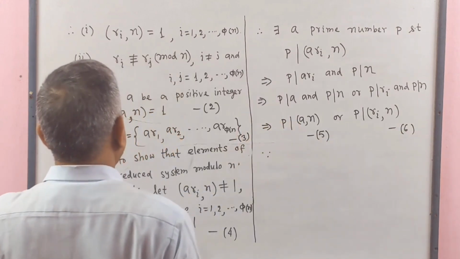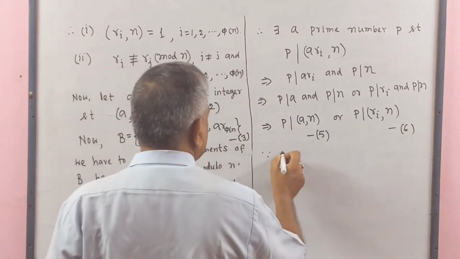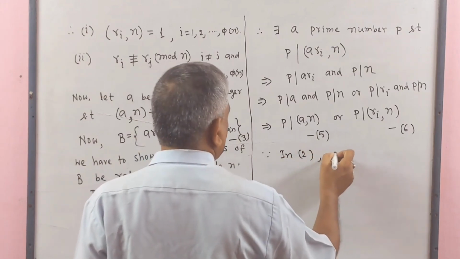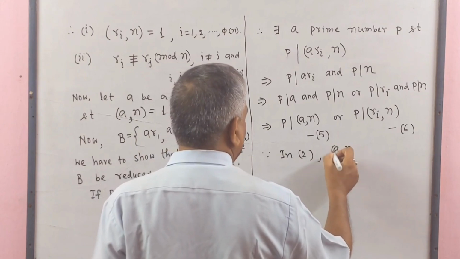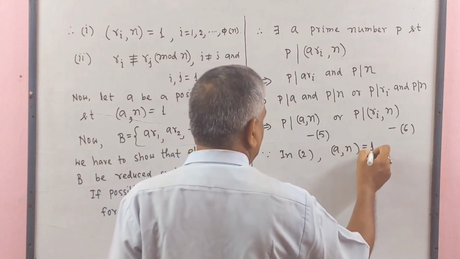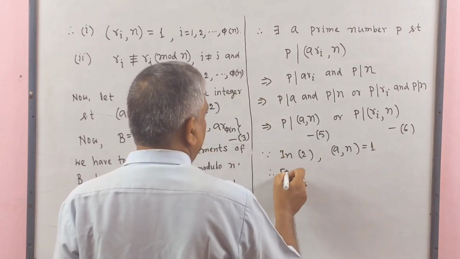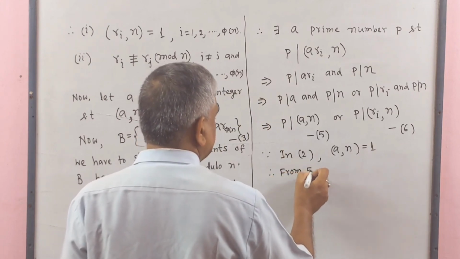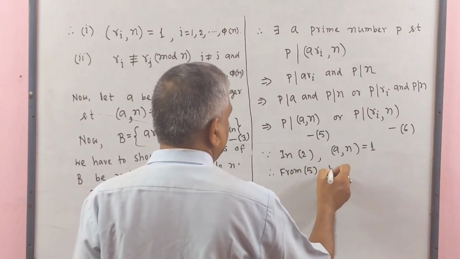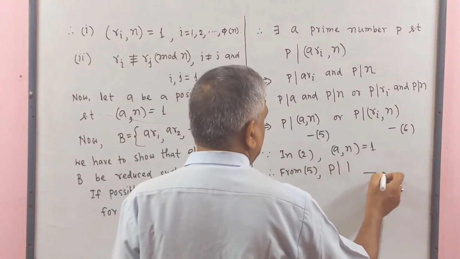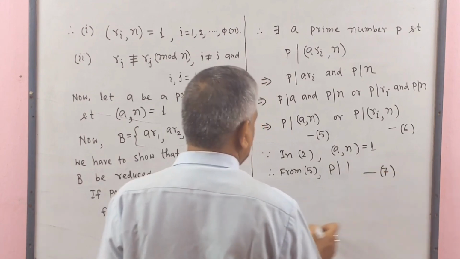Since in 2 GCD of a and n equal to 1, therefore from 5, p divides 1. This is number 7.